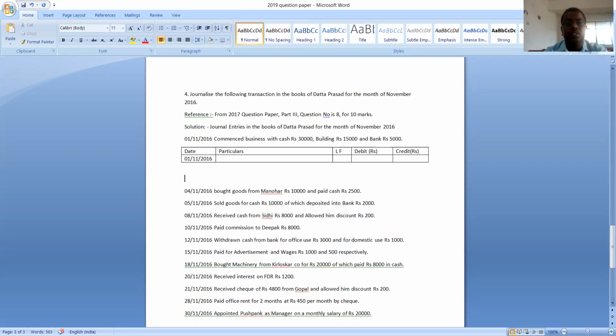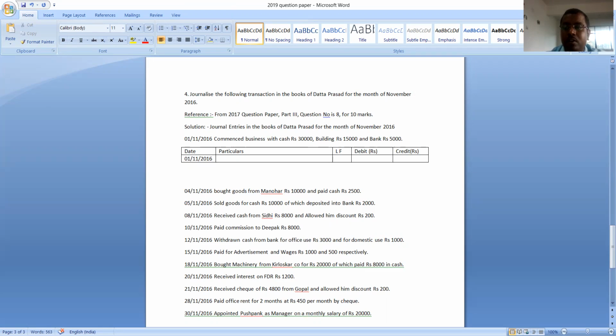Directly here you are finding three accounts, and there is one more hidden account called capital account. So totally how many accounts are there? Four accounts are there. As we all know, commenced business is nothing but the owner commencing business with cash rupees 30,000, building rupees 15,000, and bank rupees 5,000.